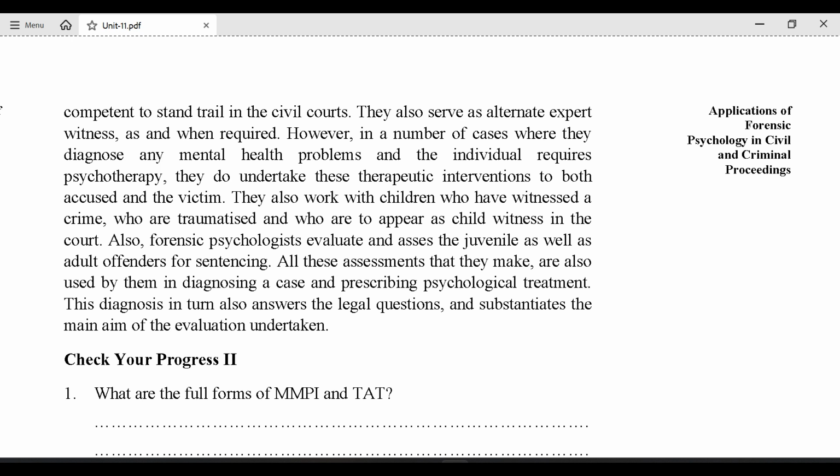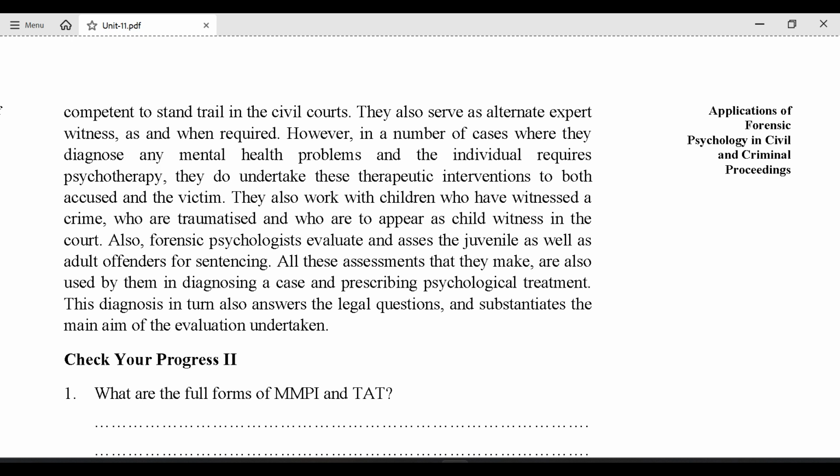They also serve as alternate expert witnesses, as and when required. However, in a number of cases where they diagnose any mental health problems and the individual requires psychotherapy, they do undertake these therapeutic interventions to both accused and the victim.